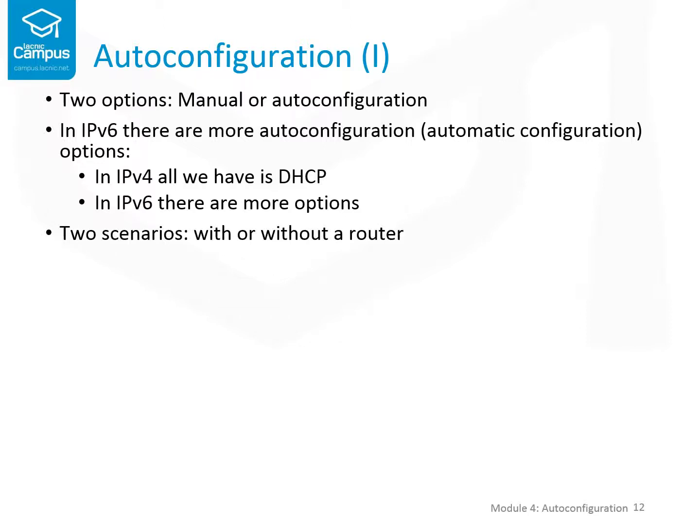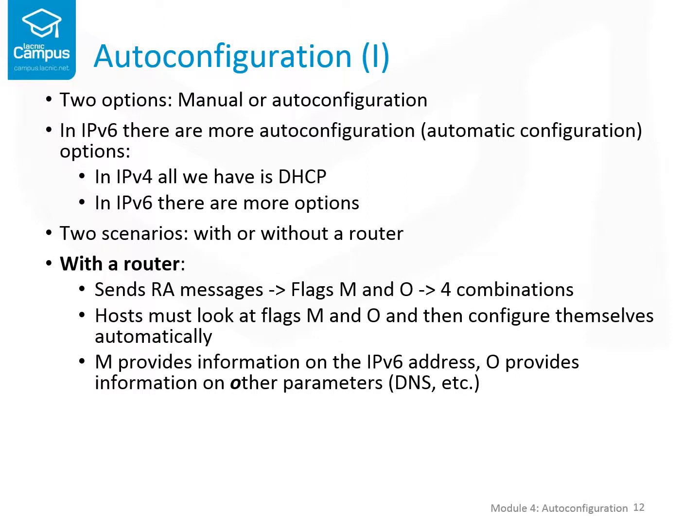There are two types of scenarios, with or without a router. If there's a router, it will send router advertisements containing flags M and O. These two flags allow for up to 4 combinations. Hosts must look at the M and O flags and then configure themselves automatically.